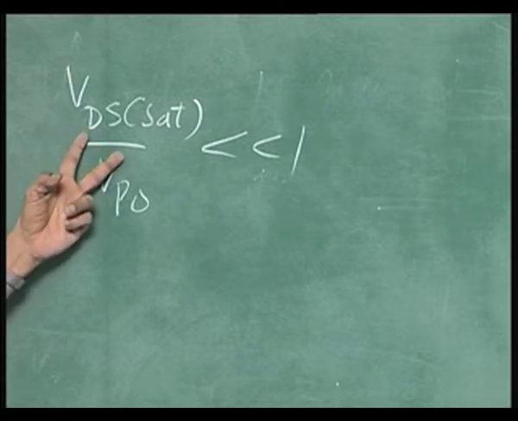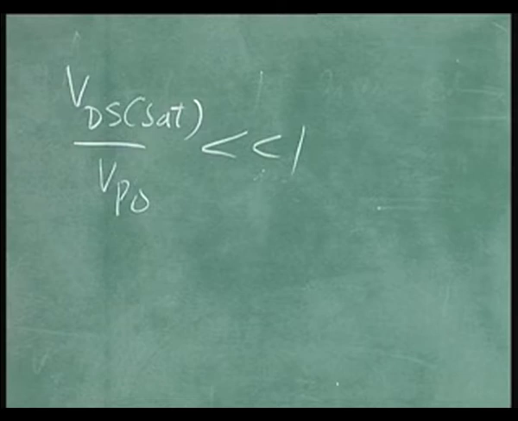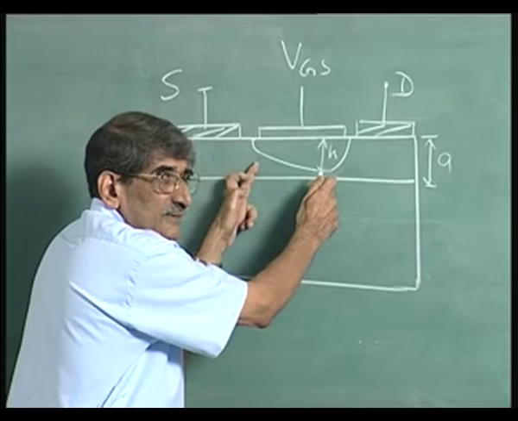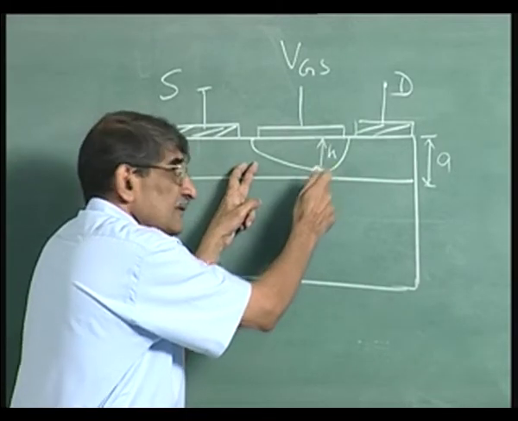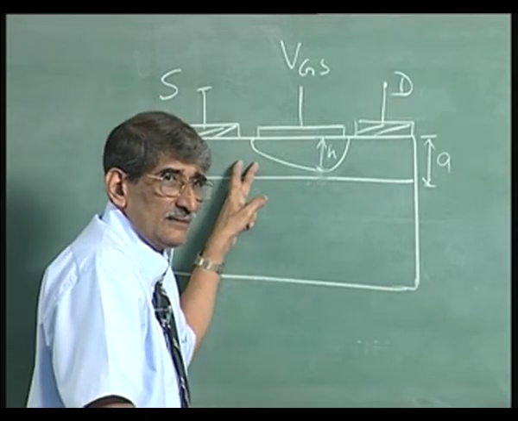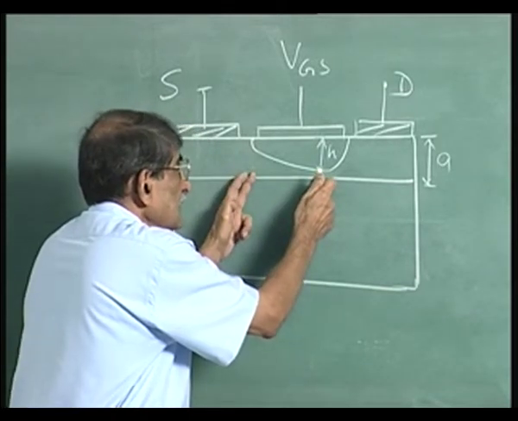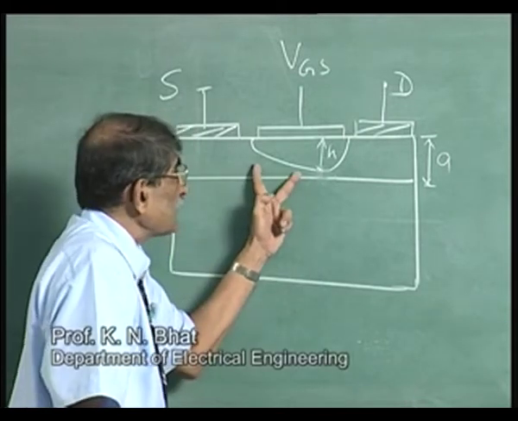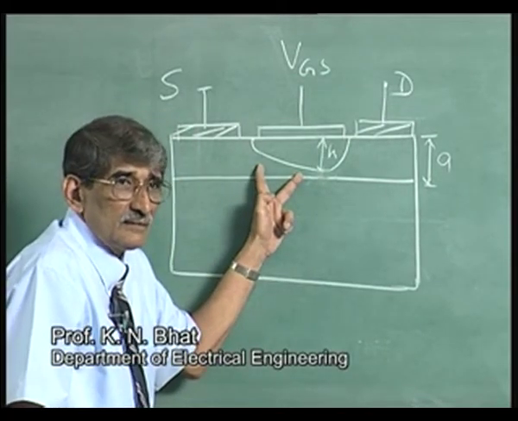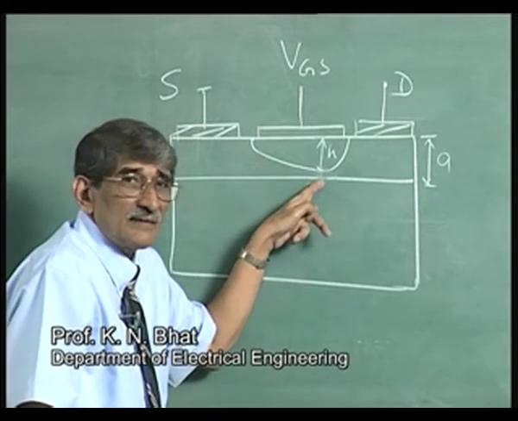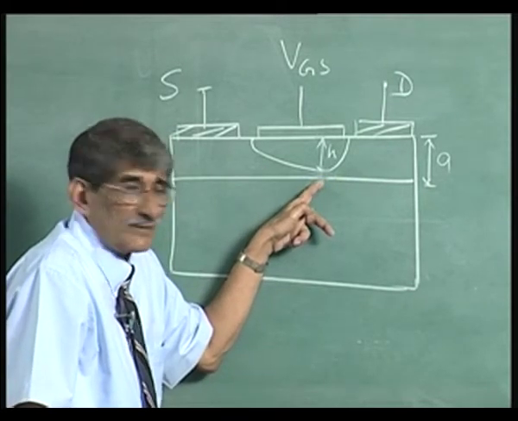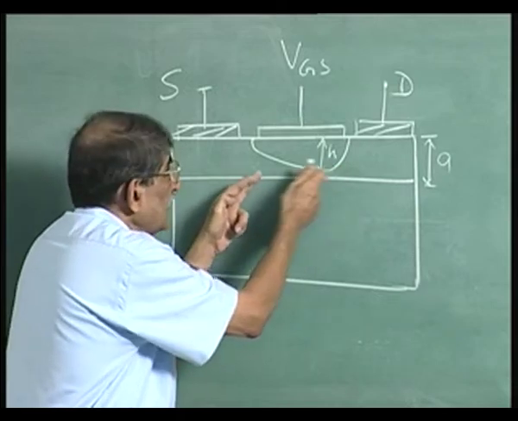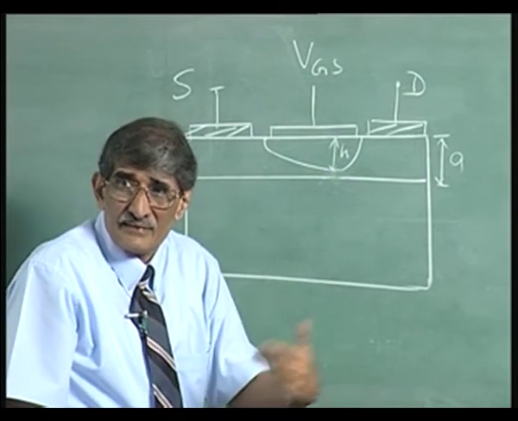What is V D sat? It is the voltage drop across this portion, and the voltage drop across that portion I can say is channel length into the average electric field. And what is the average electric field here? That is less than the saturation field, because the peak electric field is maximum here. So the average electric field is less than E of s.